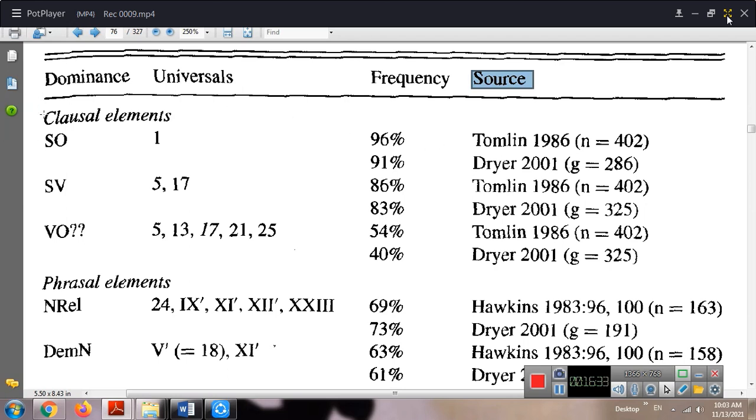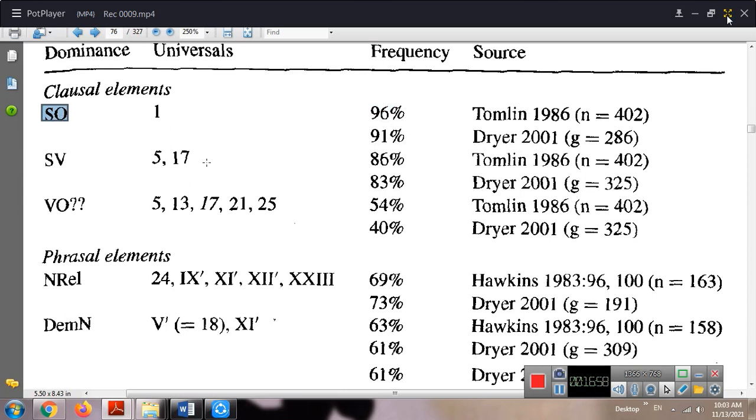For example, about the clausal elements like subject object, the Tomlin universal number 1, 1906 languages were subject object based on Tomlin, and based on Dryer there were 91 languages with this order.